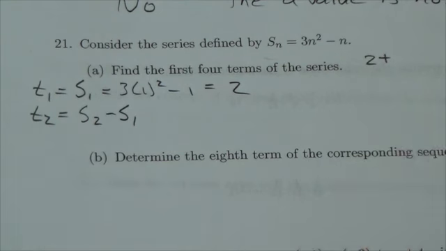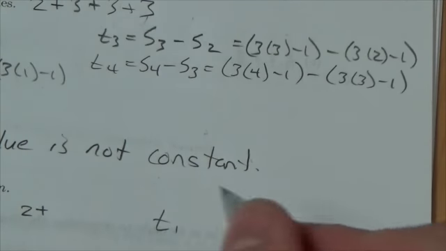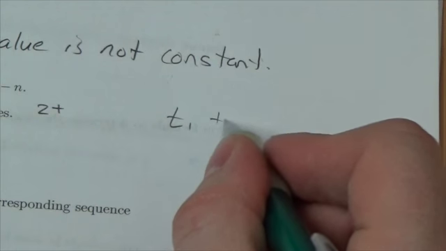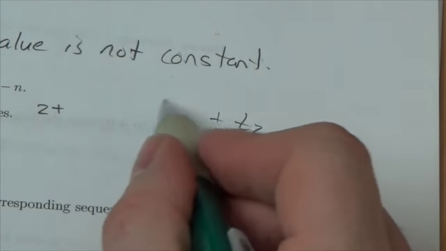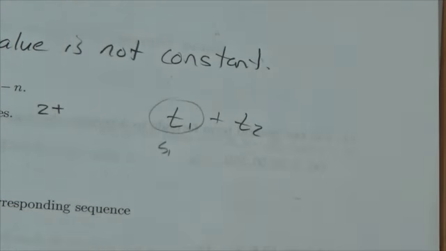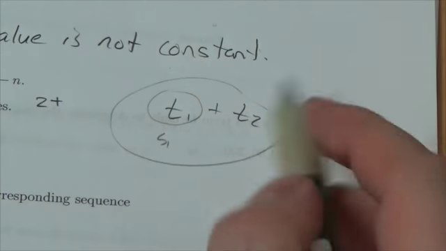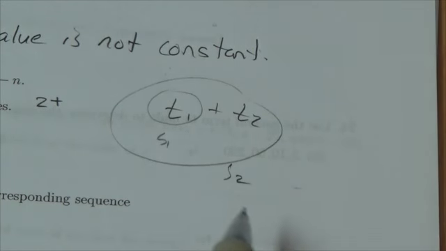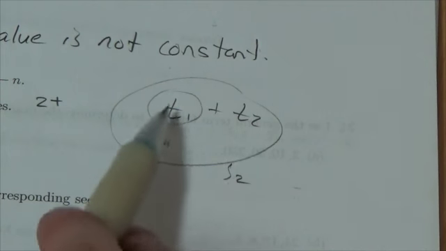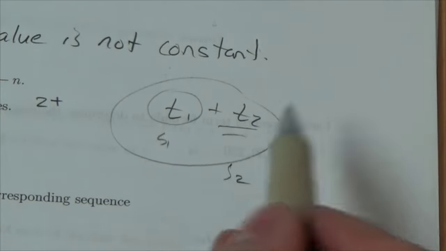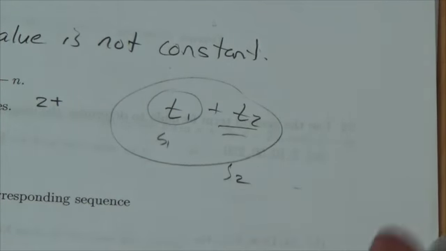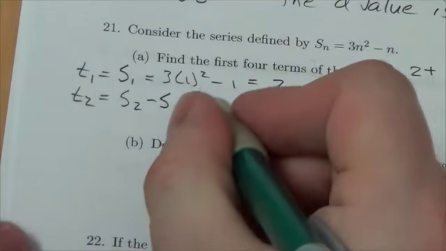If you've got term 1 plus term 2, this is the first sum, and this right here is the second sum. The difference between the second sum and the first sum is just that second term you add to the series. So when you find the difference between those two summations, what you're left with is that term you're missing.